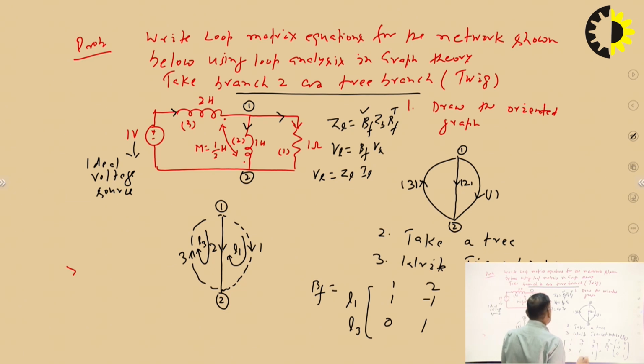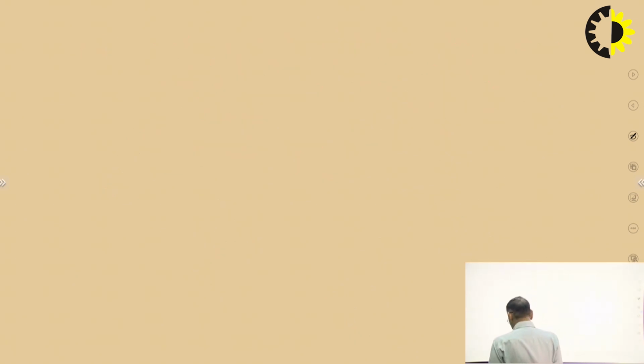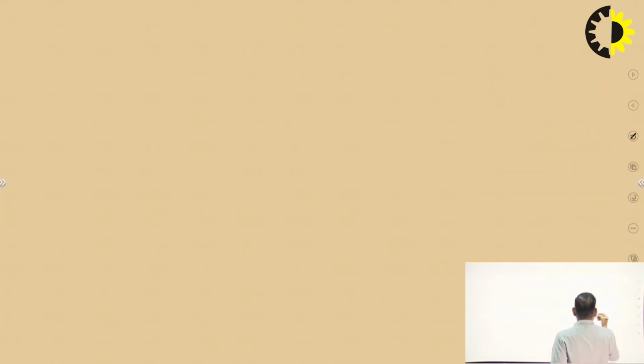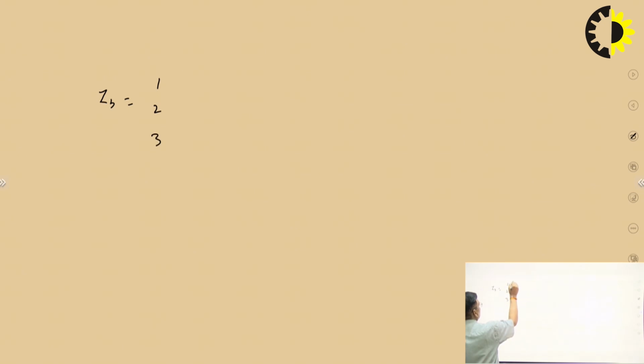So we can write ZB, with 3 rows and 3 columns.